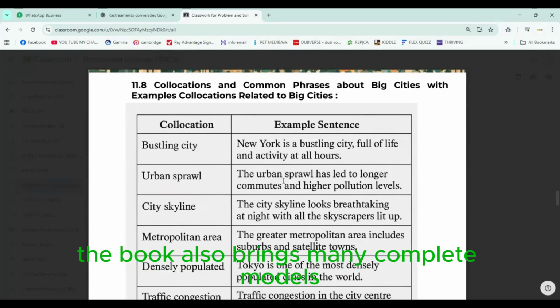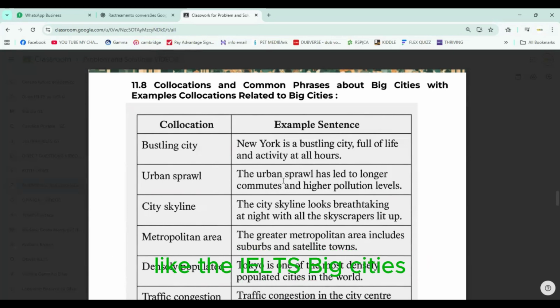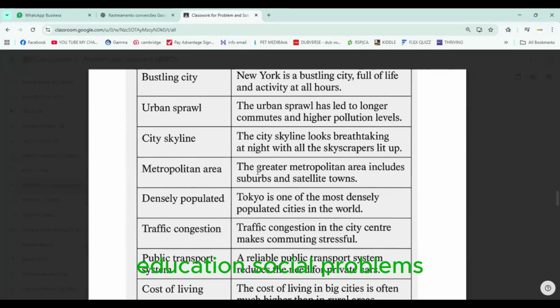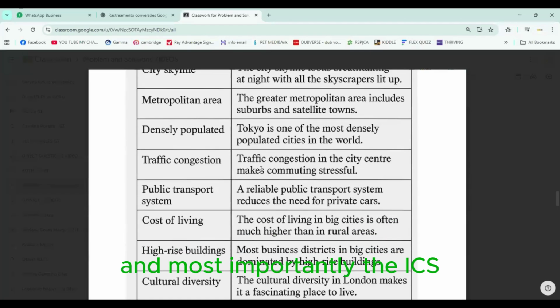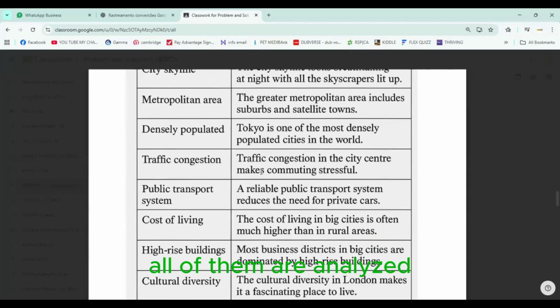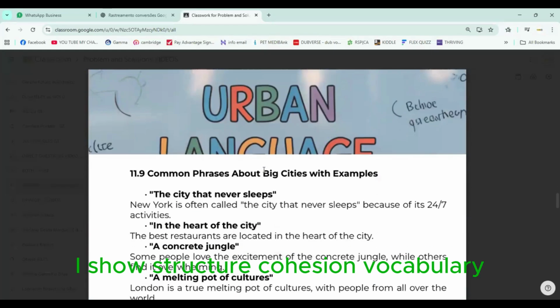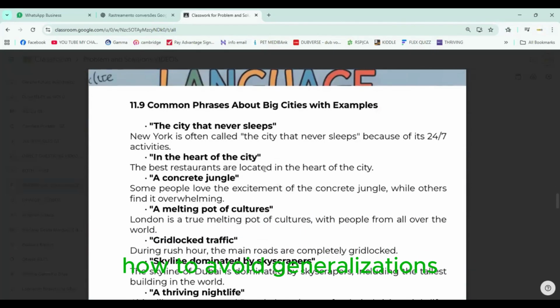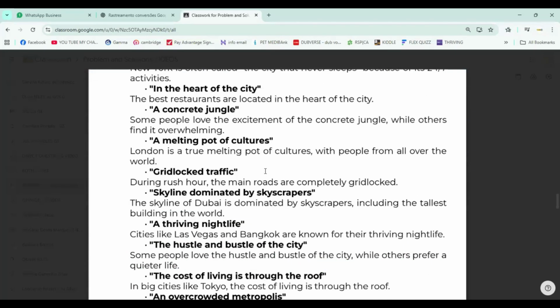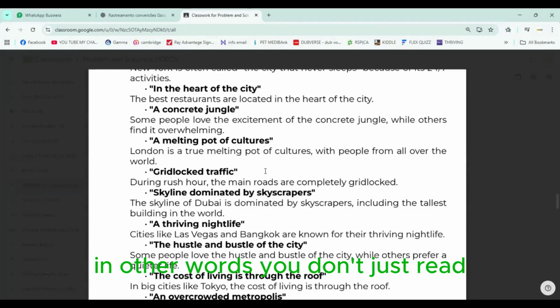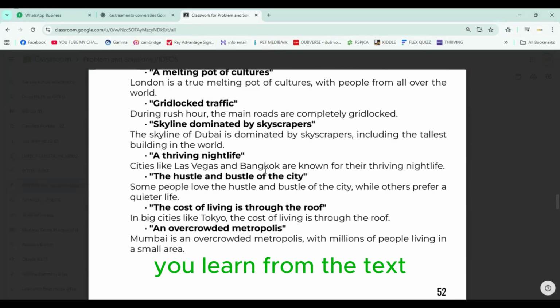The book also brings many complete models, like the IELTS, big cities, education, social problems, and most importantly, the ICS. All of them are analyzed. I show structure, cohesion, vocabulary, how to avoid generalizations, how to maintain a formal tone. In other words, you don't just read, you learn from the text.